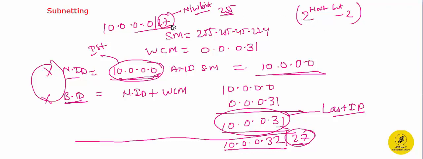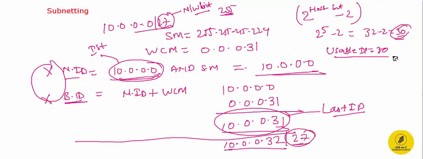So if 27 are network bits, then how many are host bits? 5. 2 to the power 5 minus 2, which is 32 minus 2, gives us 30 usable IPs. Even if you find the difference between the broadcast ID and network ID, it is still 30.